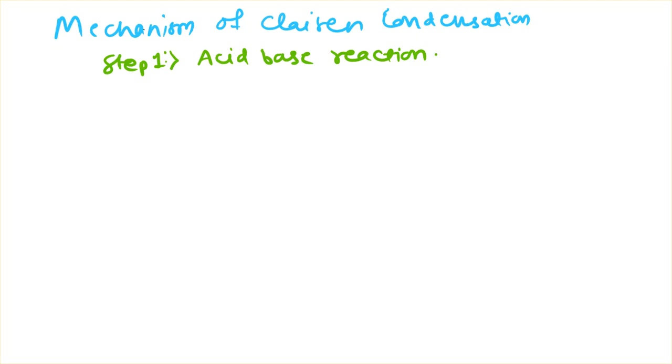Here the alkoxide functions as a base and removes the acidic alpha hydrogen, giving the reactive ester enolate.